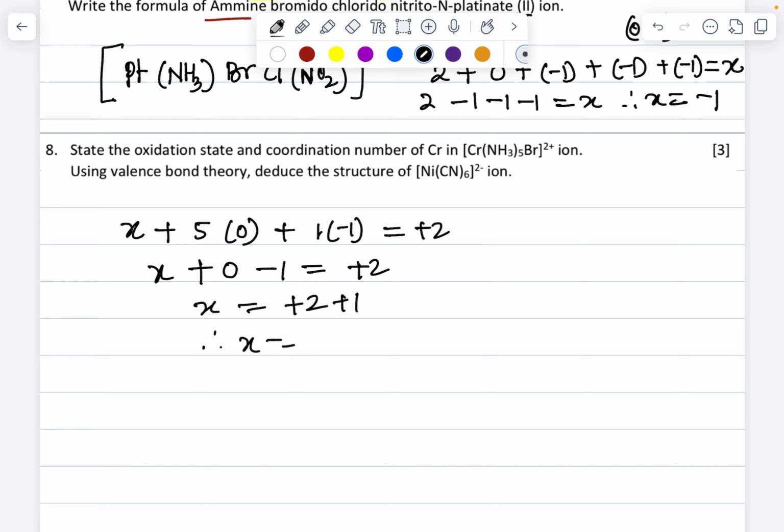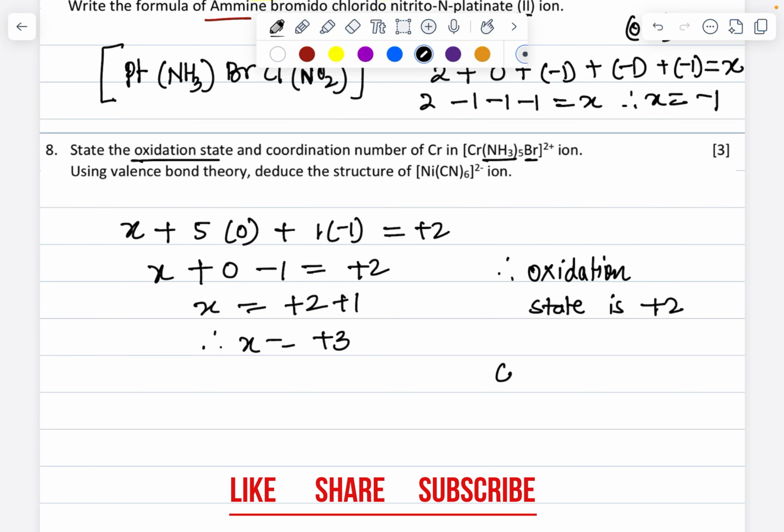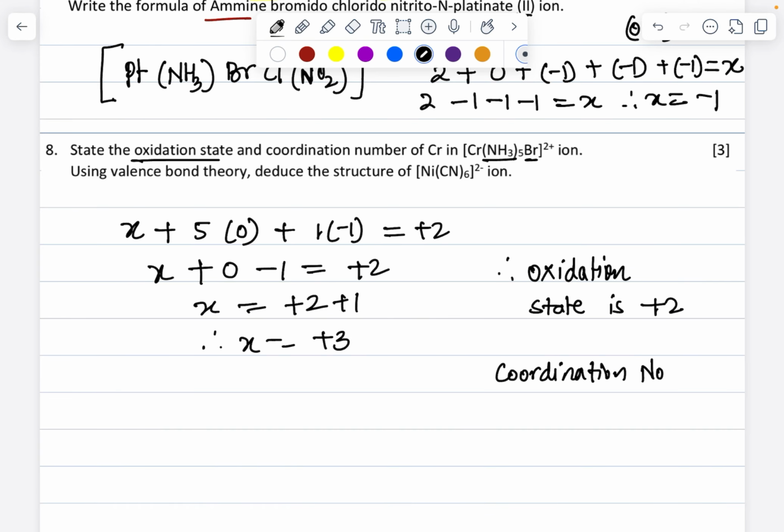Therefore X is equal to +3. Means oxidation state is +3. And coordination number is 5 plus 1. Coordination number, you should write the full form, not short forms, is equal to 6. 6 ligands are there.